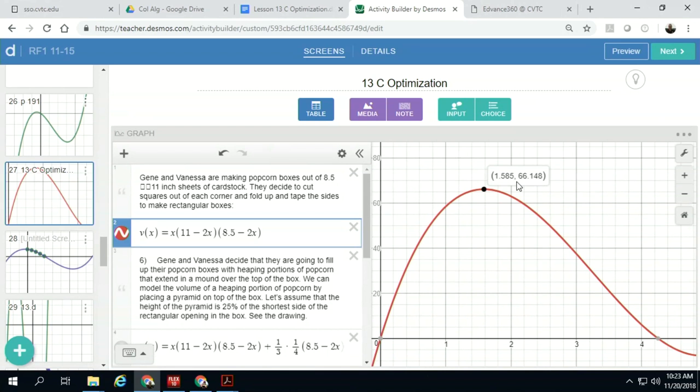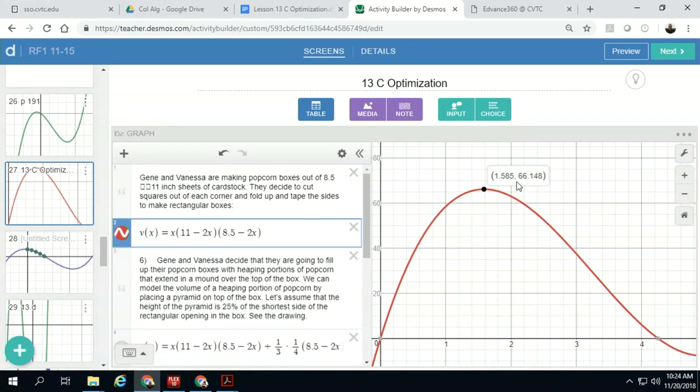So does everybody agree, if this is 1.585 tall, it will hold the most popcorn volume-wise? But the kids did not get those amounts. They got amounts bigger. Where did I put my boxes? Oh, there they are. They got amounts different than that.